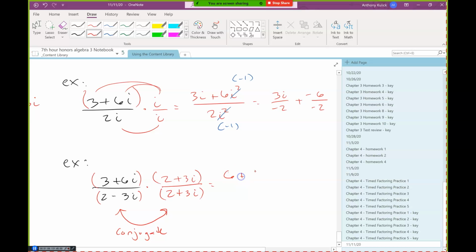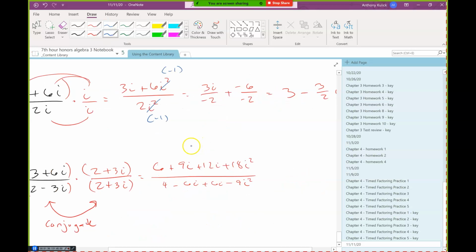So I get 6 plus 9i plus 12i plus 18i squared. And then I get 4 minus 6i plus 6i minus 9i squared. Everybody okay with that?